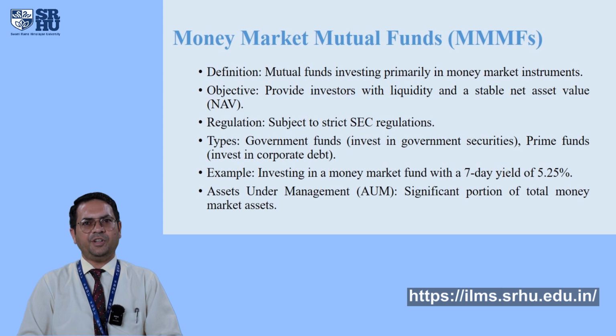Their objective is to offer investors a safe place to invest and easily accessible cash-equivalent assets. There are different types of money market mutual funds. For instance, government funds invest only in government-backed securities. Private funds may invest in corporate debt.